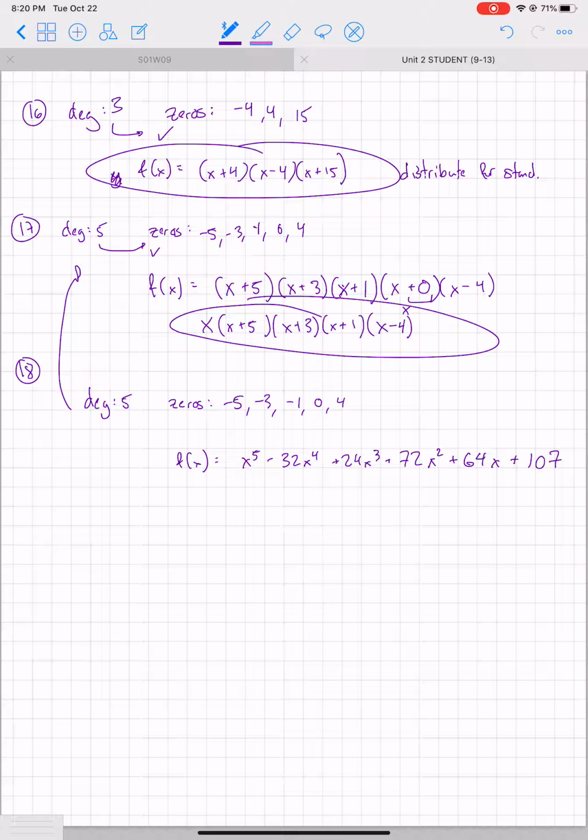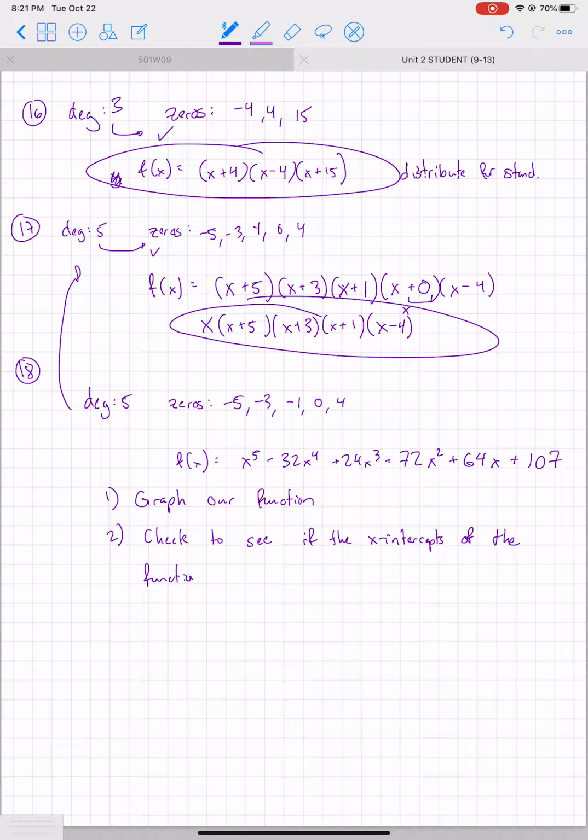But if we look at this, how could we check that our answer was correct? Step 1, graph our function. Step 2, check to see if the x-intercepts of the function are the zeros we were given.